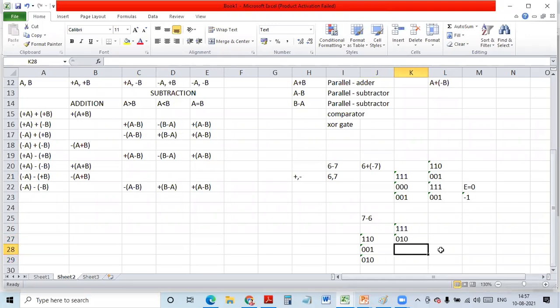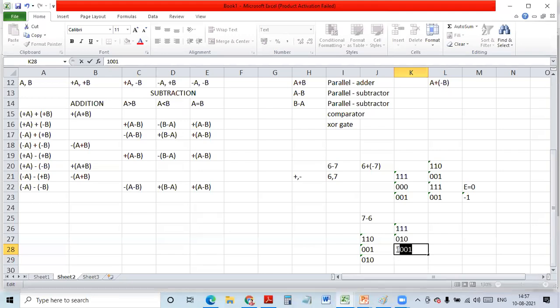Now I got an extra bit 1 and the result 0, 0, 1. We need only 3 bits, so this is the result and this is the carry.